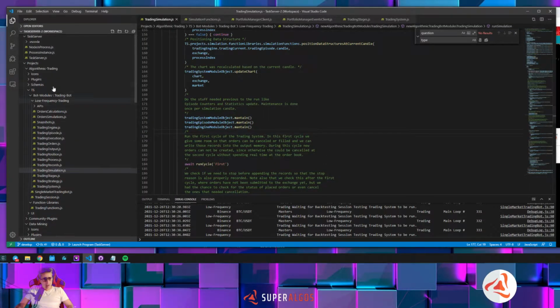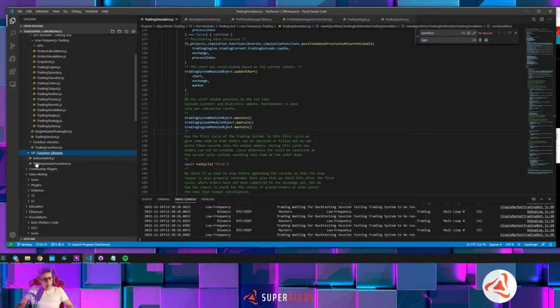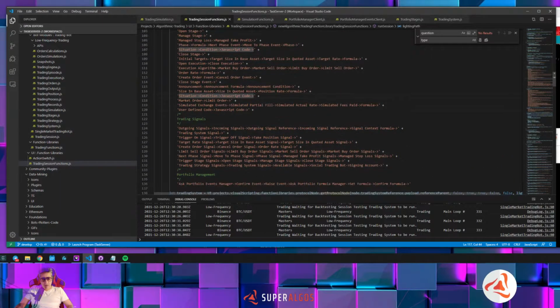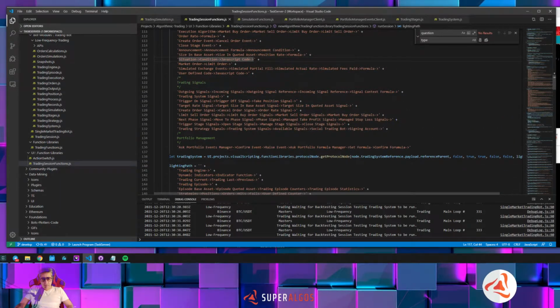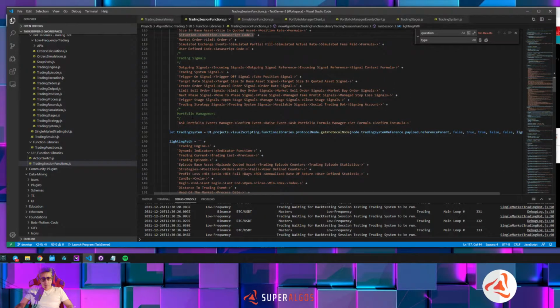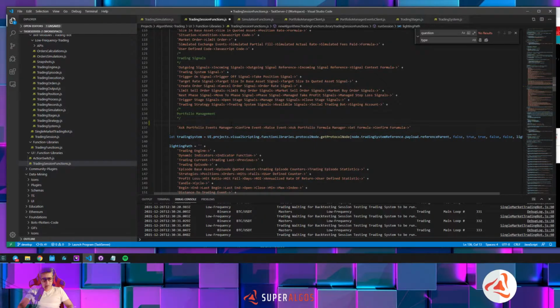Okay, so that should be at algorithmic trading project UI trading session functions. So here we have trading system, and we need to add here at the portfolio management related nodes this node type that is called portfolio managed system.